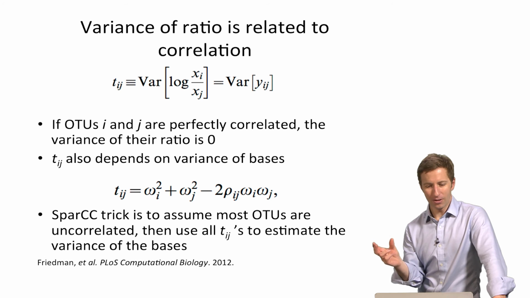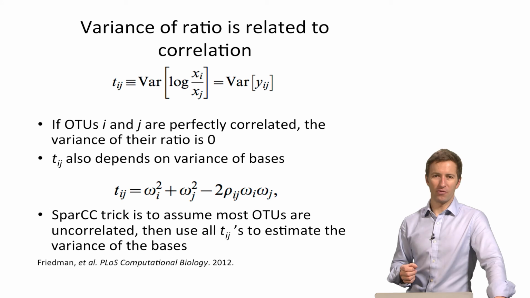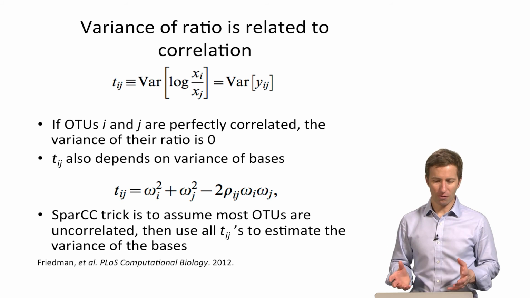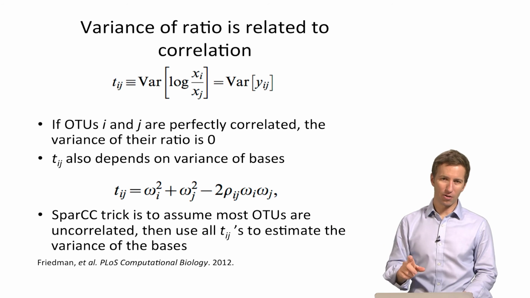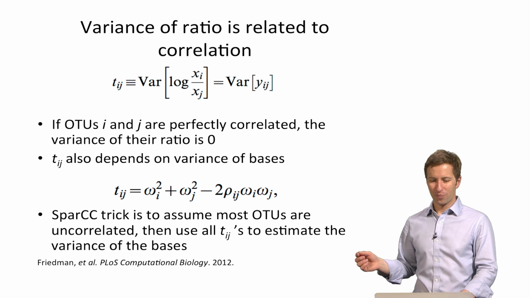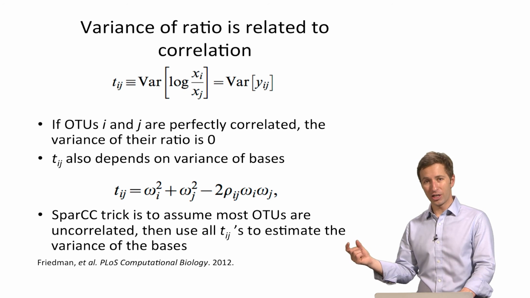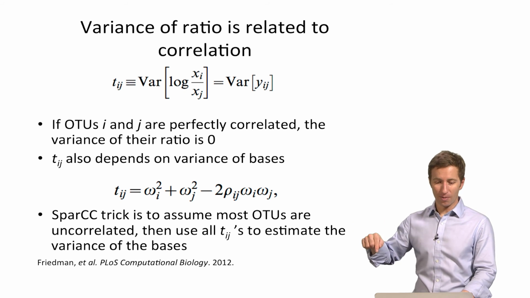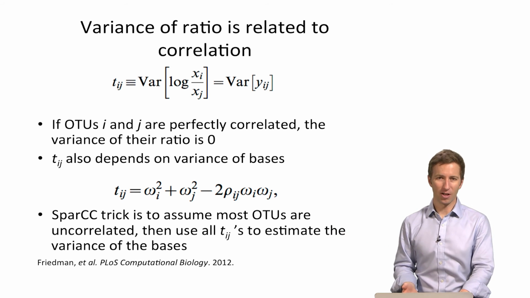So what they would like to do is find all these values. They basically want to know the correlation term rho ij, but they have too many variables to solve for. In these equations, for every pair of variables there's an equation, which is n times n minus 1 over 2 equations, and there are n times n minus 1 over 2 rho ij variables, plus the wi and the wj variables. So that's too many variables to solve for.